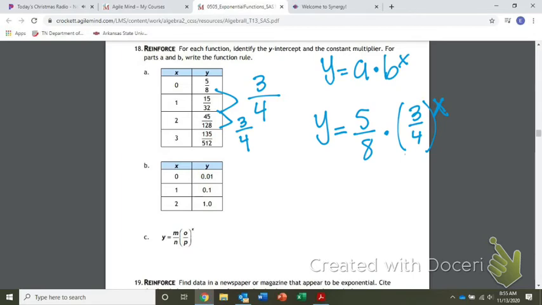If you don't know, so, what is it? 10. So, you're multiplying by 10. So, now, you write the equation.